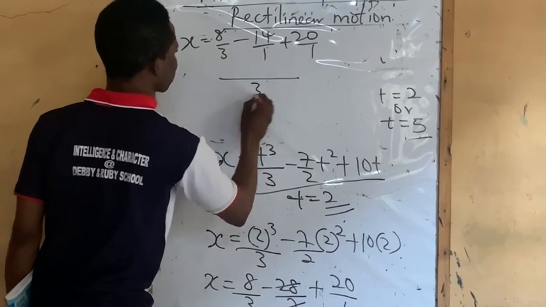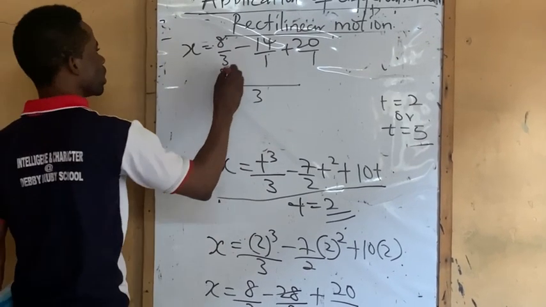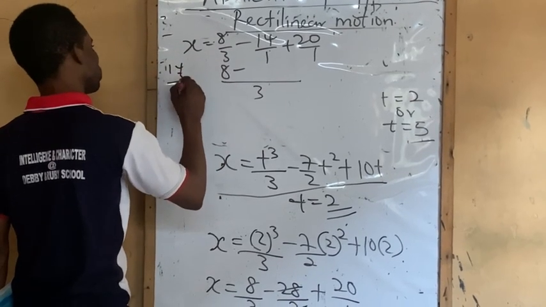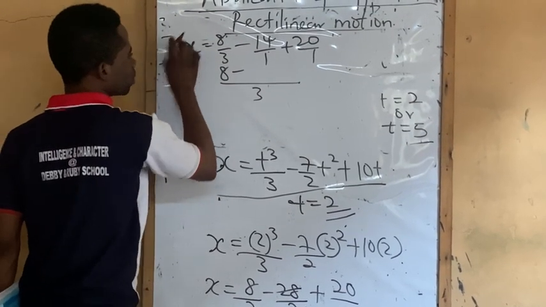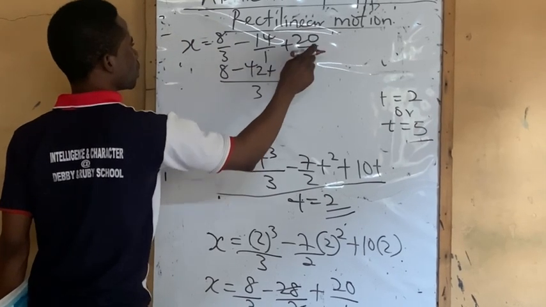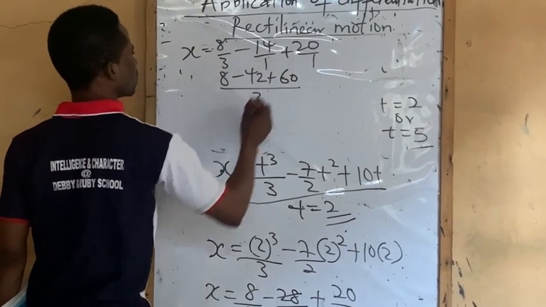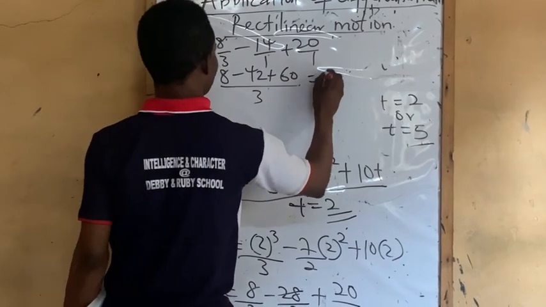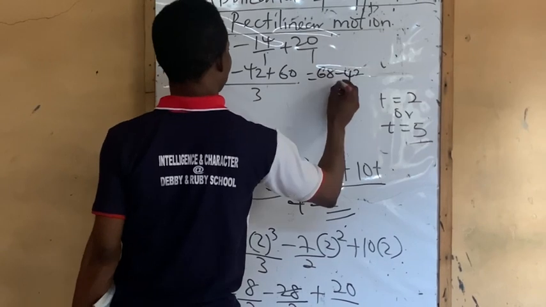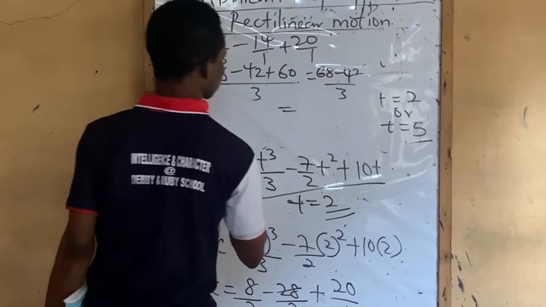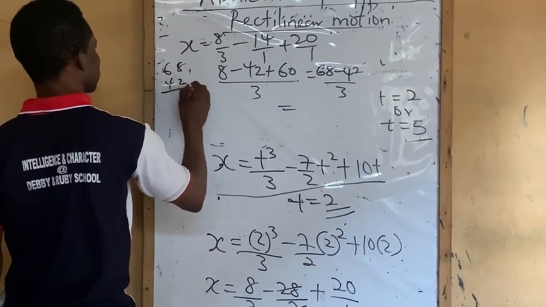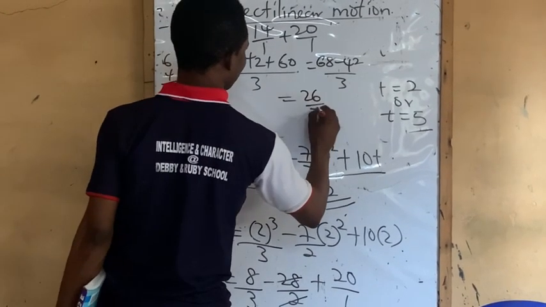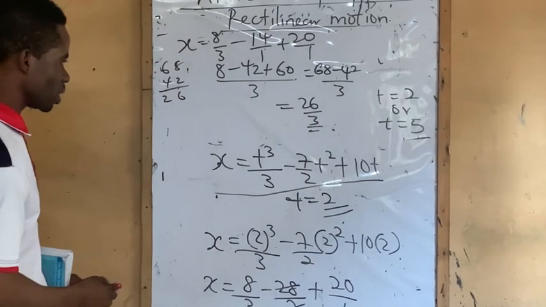I'll find the LCM, which is 3. 1 times 8 is 8, minus 3 times 14, that is 42, plus 3 times 20, that is 60. So definitely I'm having 8 minus 42 plus 60, that's 68 minus 42 over 3, and that is 26 all over 3. That is when t equals 2.